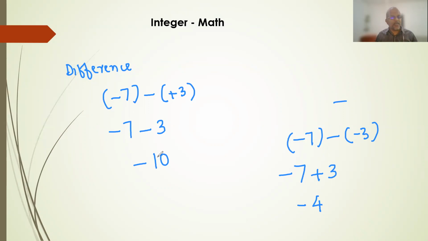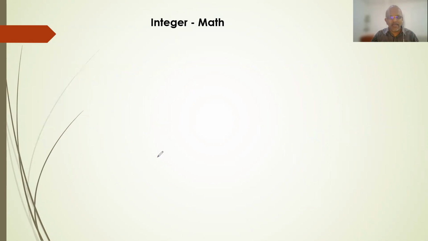Okay, kids, the whole idea is integers are a bit confusing. And this particular rule number 1, I will just go back to the rule. Let me clear this all. Let me see the rule.